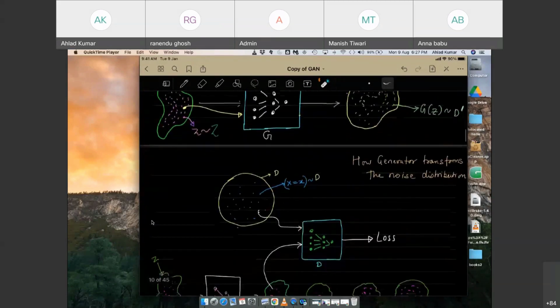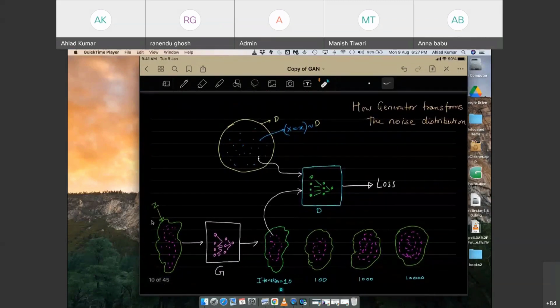Here you can see that at iteration 10 you have some distribution which looks quite weird, because it's the initial stage of learning. Then as you move further with the iterations, the contour plots get finer and finer.